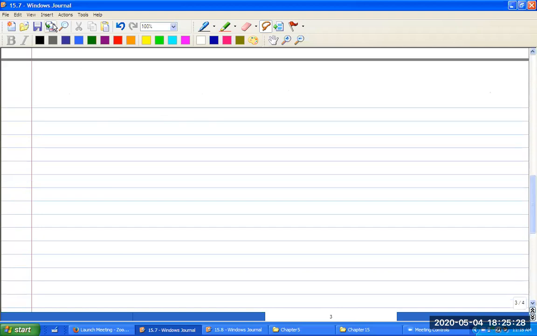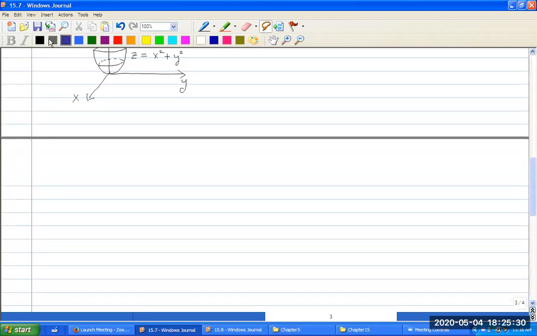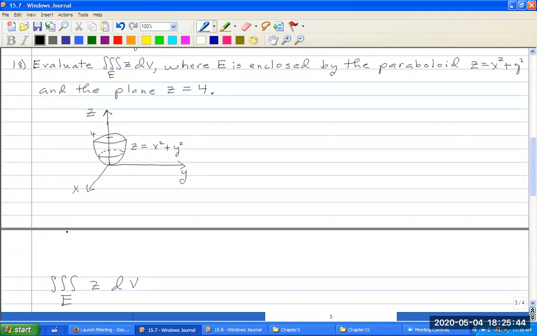So I want to evaluate this integral over the region E of z dV. First off, let's project down into the xy plane. So I'm going to take some point here, and I want to find this distance here.